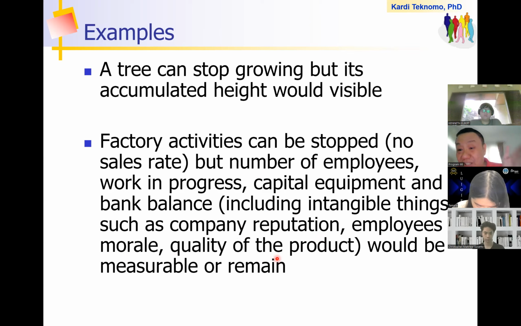Even though this is a holiday, so no activities. So the one that remains is called the level. Is it clear? You can distinguish between rate and level. Rate is change. Level is actually the state of the system.